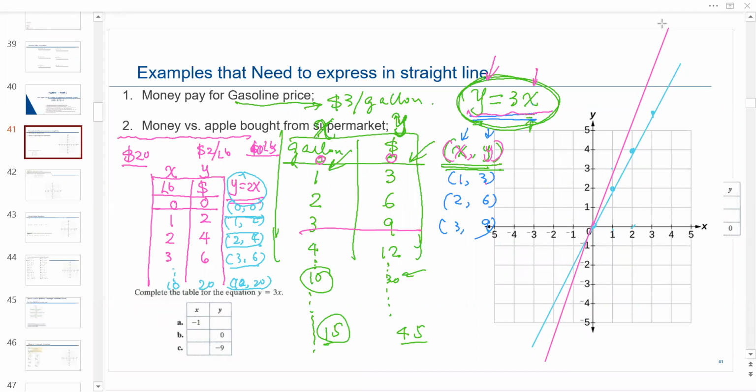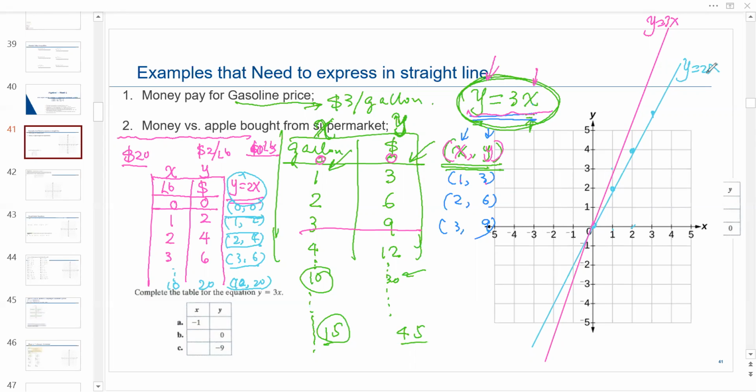This is the gasoline example, and this is the apple example. They have different linear lines, right? So you can find this situation. When they have this relationship, you can graph it as a line. This one is y equals 3x, and this one is y equals 2x.